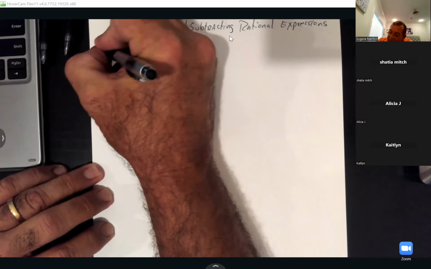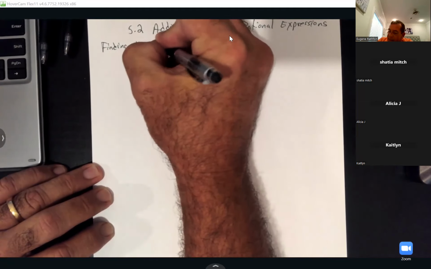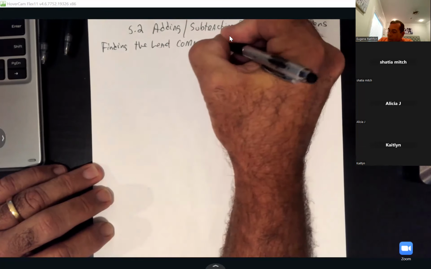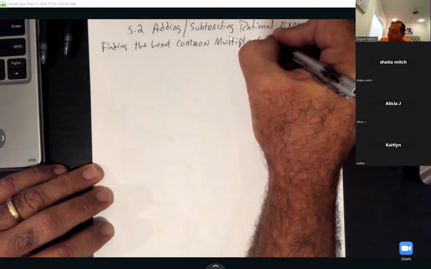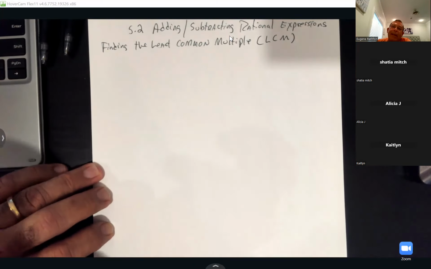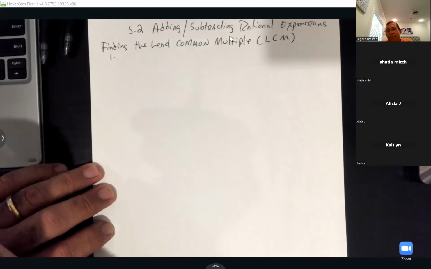So finding the least common multiple. And we'll abbreviate that to LCM. So it's the same thing as the least common denominator. So the first thing you're dealing with numbers.